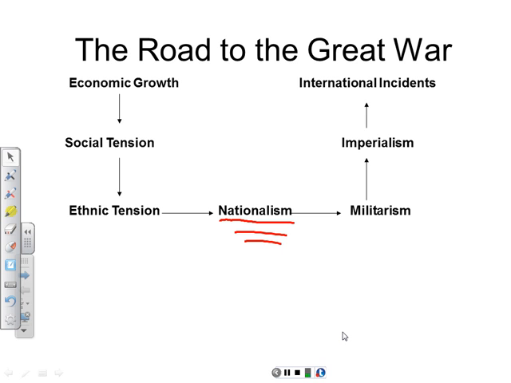Now nationalism can be a really good thing because it unites people and brings people together. There's nothing wrong with patriotism, loving your country, of course, but there is a dark side to nationalism, and that dark side is anger and paranoia about other people. So sometimes, as we'll see, people who said it's so great to be French would think those Germans really are bad. Or, we're German, but everybody else is subhuman.